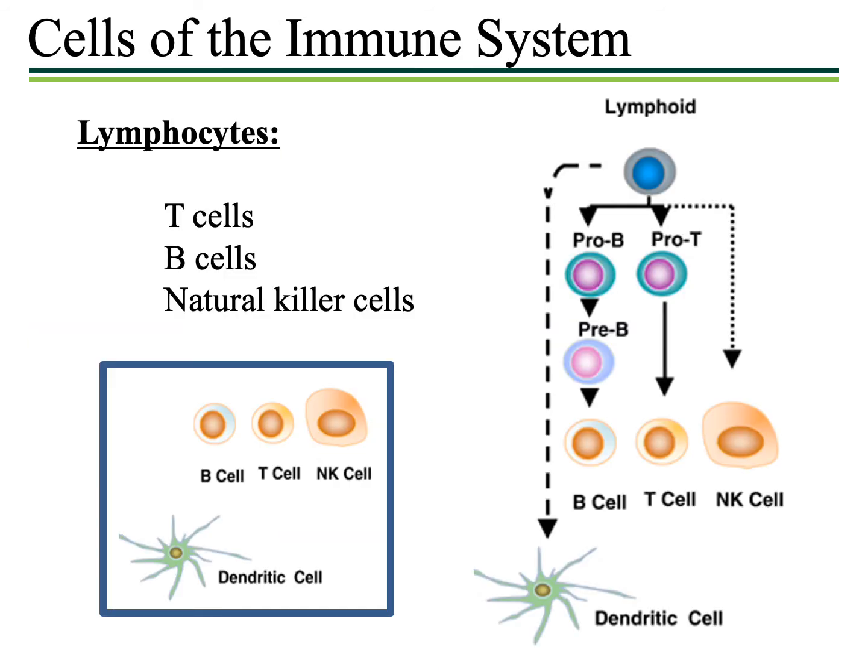The second broad category of leukocytes are known as lymphocytes. Lymphocytes derive from a lymphoid progenitor cell, and ultimately the lymphoid progenitor can produce B cells, T cells, natural killer cells, as well as dendritic cells, again, like we mentioned in the previous slide.